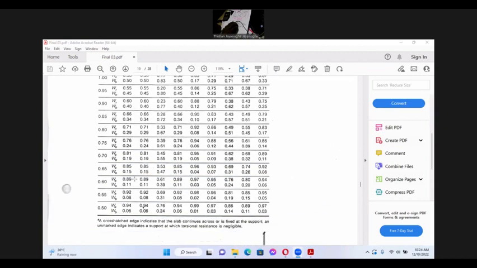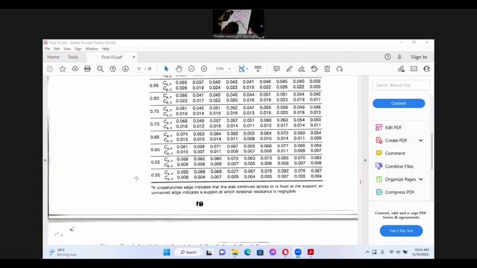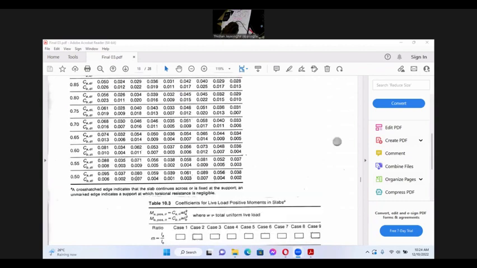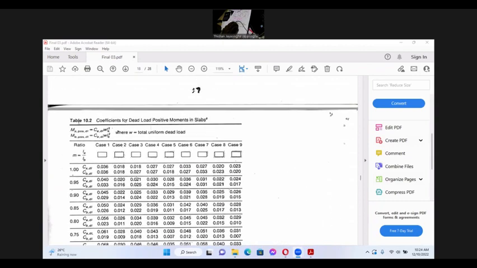So generally shear is not a major problem in slabs, because these are supported by the edge. But you can do the design.